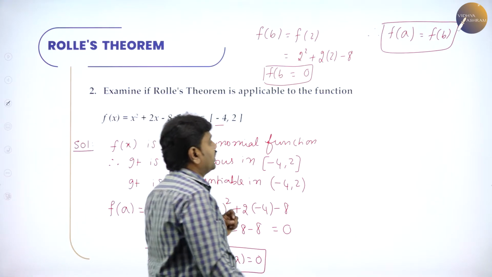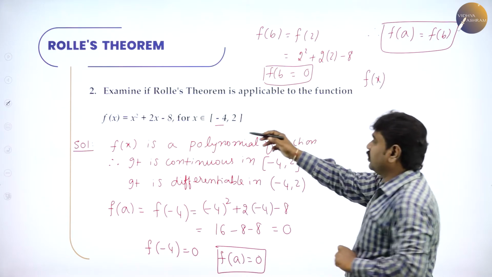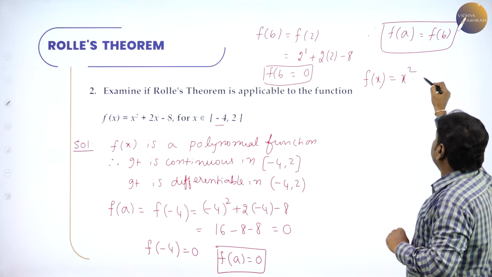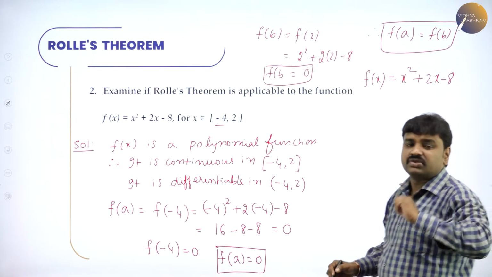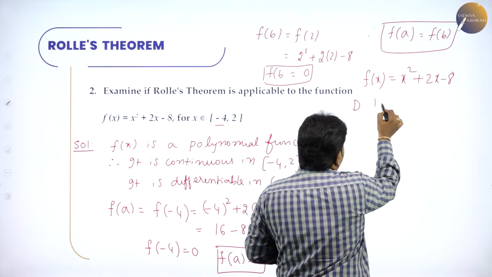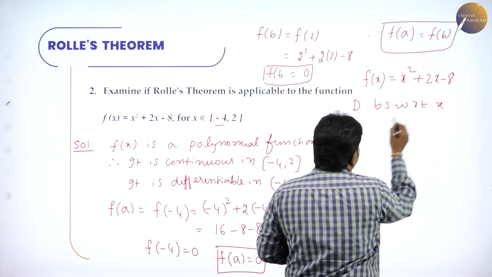Now you go to f dash x. What is f of x they give? F of x in the problem is x square plus 2x minus 8. Now differentiate both sides with respect to x.